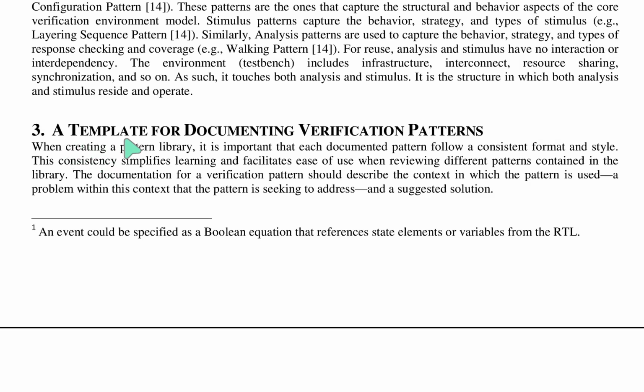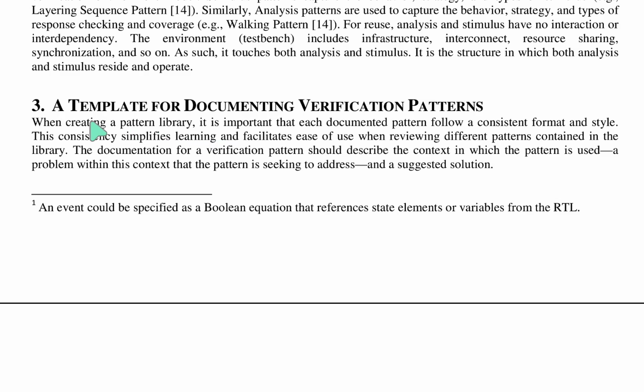3. A template for documenting verification patterns. When creating a pattern library, it's important that each documented pattern follow a consistent form and style. This consistency simplifies learning and facilitates ease of use when reviewing different patterns contained in the library.